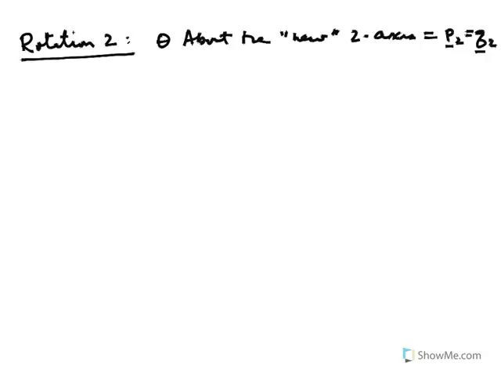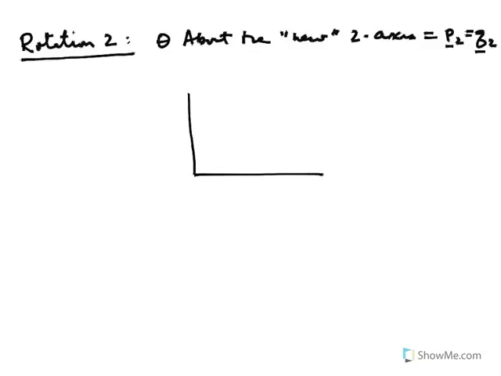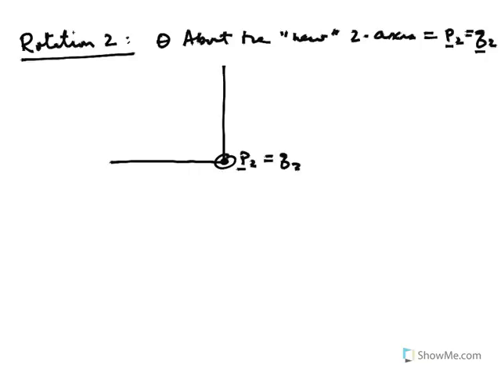So let's draw that picture. All right, so here we go. What we have now is we're going to start where we left off. Where did we leave off? We left off here with this rotation by the angle psi. Now we're going to do a rotation about the 2-axis, and if you do that, you'll see that this picture is more effectively drawn the other way, which is that P2 is out of the page, and that's equal to Q2.